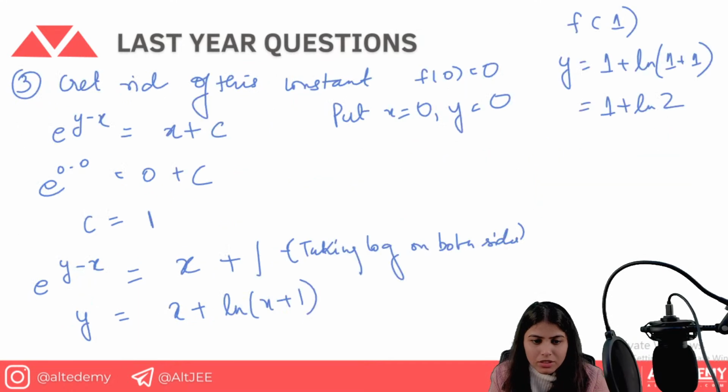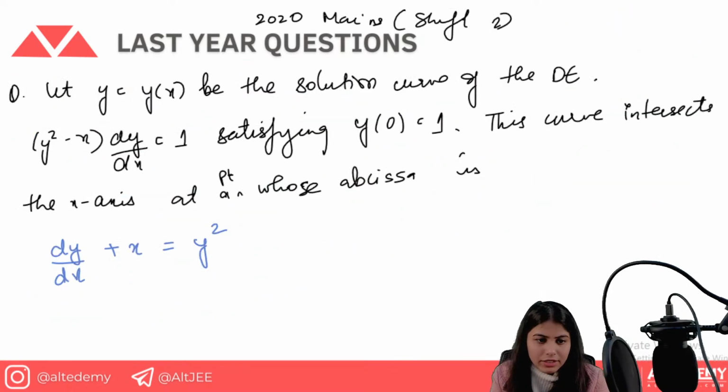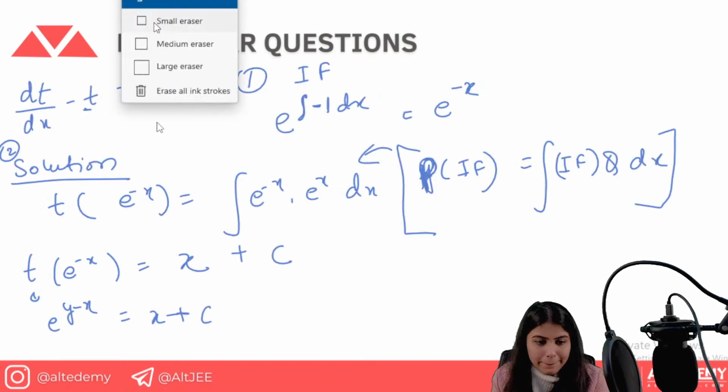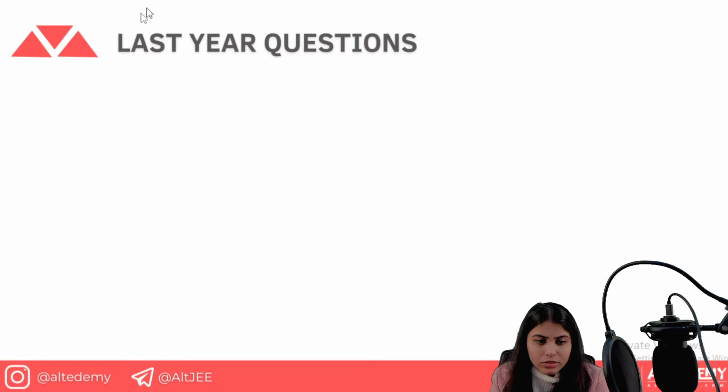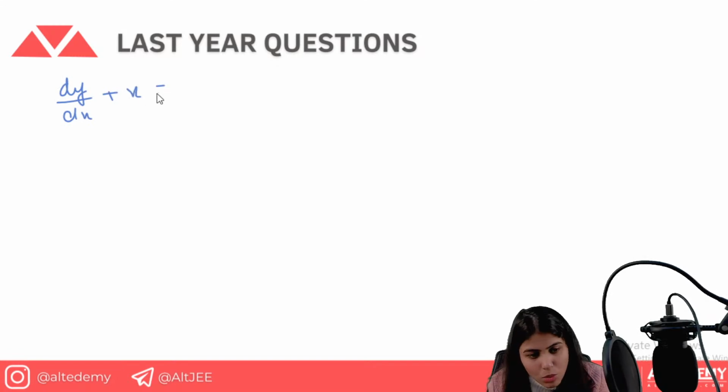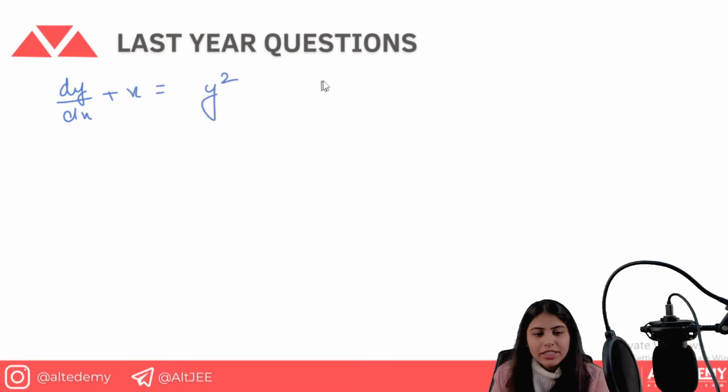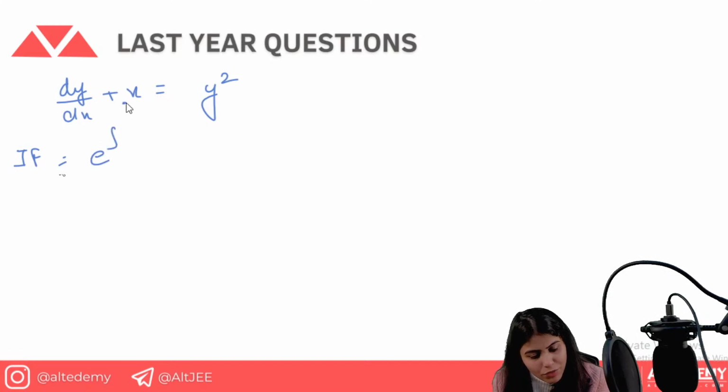Now doing it on another page, erasing the ink strokes first. Our equation is dy by dx plus x is equal to y square. This is simply a linear differential equation in terms of y and x. Just a second, something is wrong.